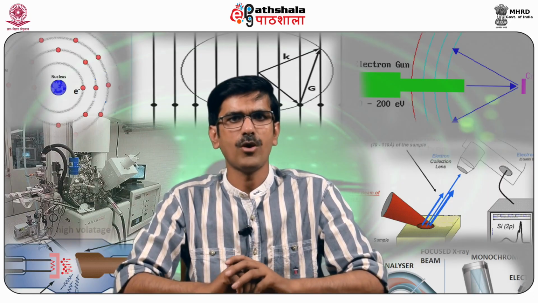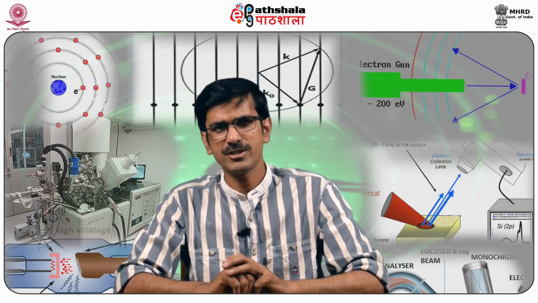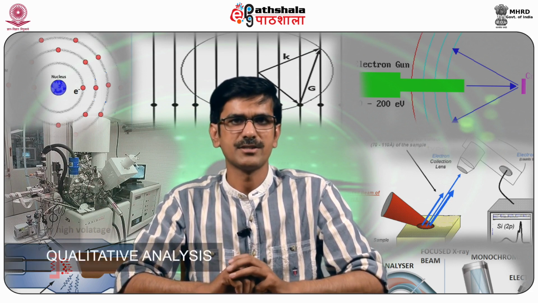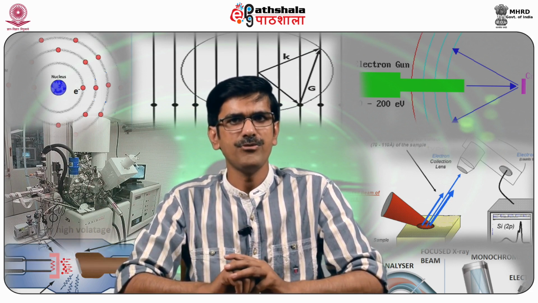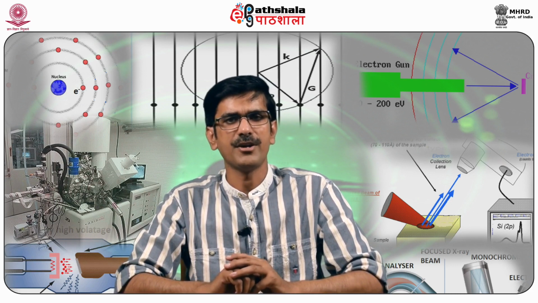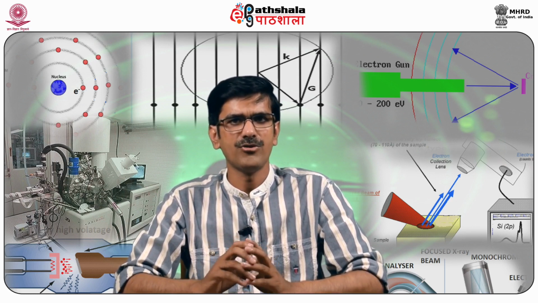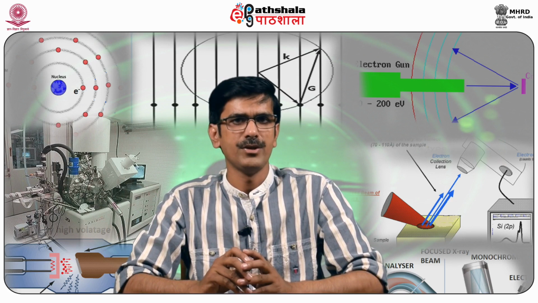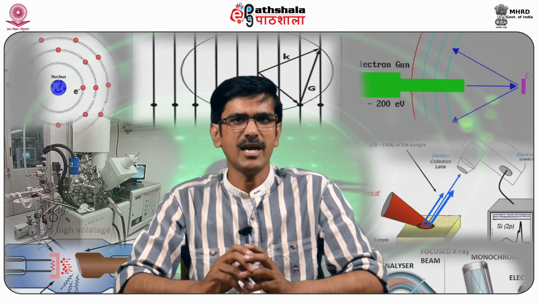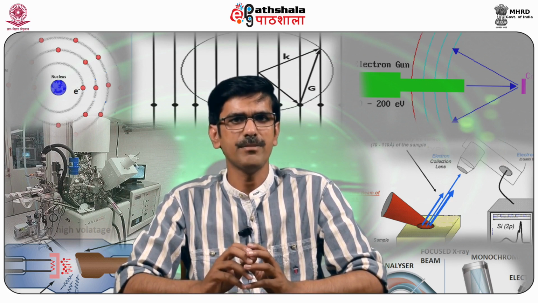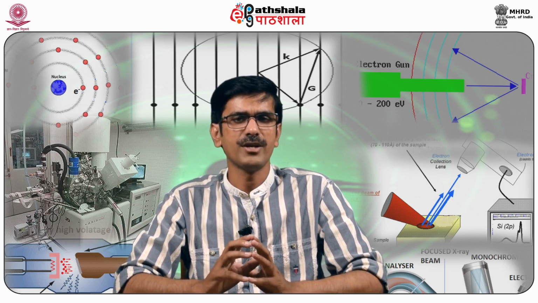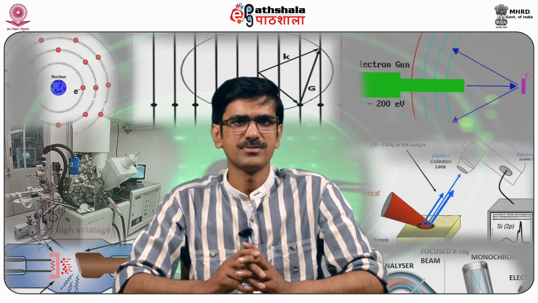To begin with, the first is qualitative analysis. From the name, we can guess what we are going to deal with under this analytical part. Qualitative means we are talking about the quality of the material or the sample. In this analysis, the elements that are present in the sample are characterized from their characteristic X-ray peaks.